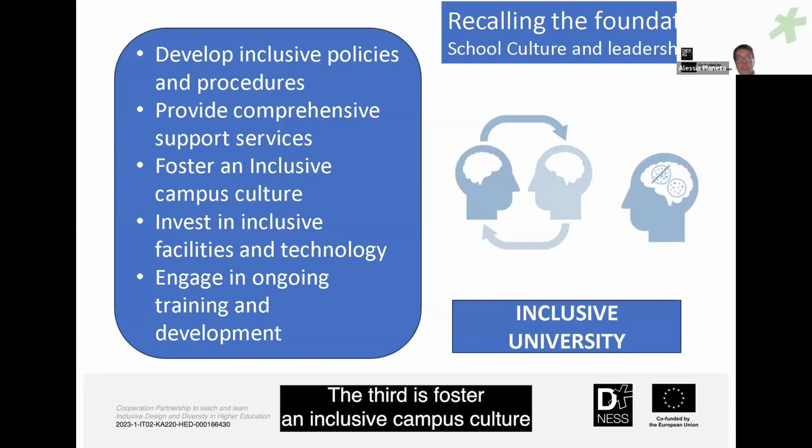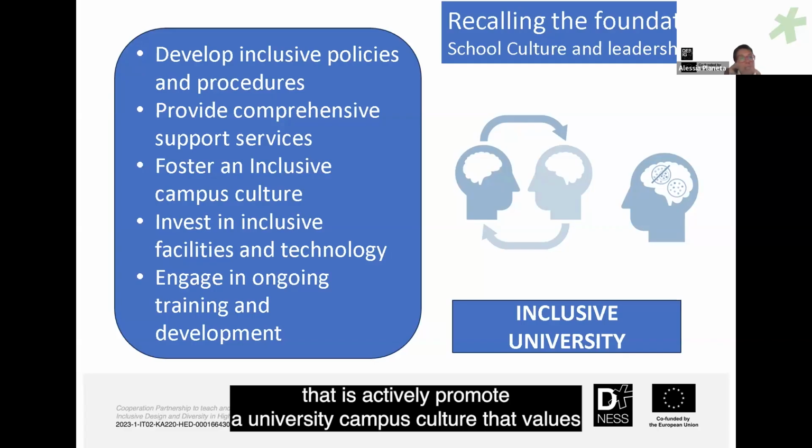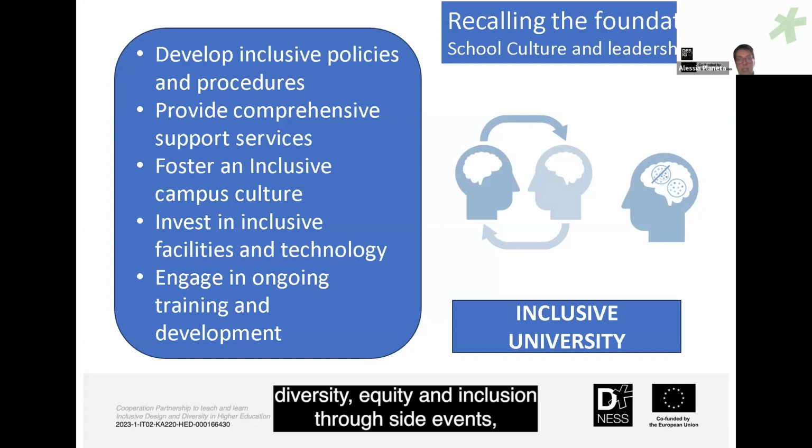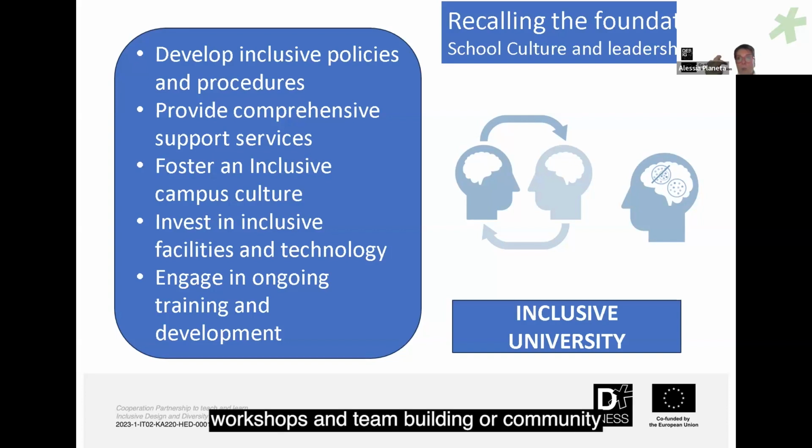The third is foster an inclusive campus culture. That is, actively promote a university or campus culture that values diversity, equity, and inclusion through side events, workshops, and team building or community building initiatives.